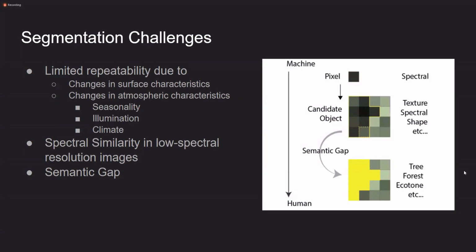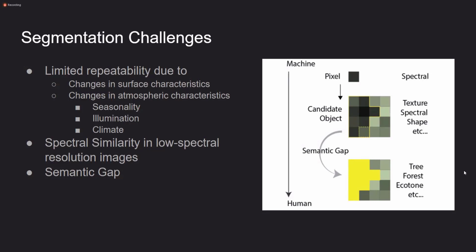In cases where you're using a UAS or a drone image, the lack of spectral resolution, so you might have a 3-band or 4-band image, makes it much more difficult to differentiate between objects in those types of images than if we have high spectral resolution.